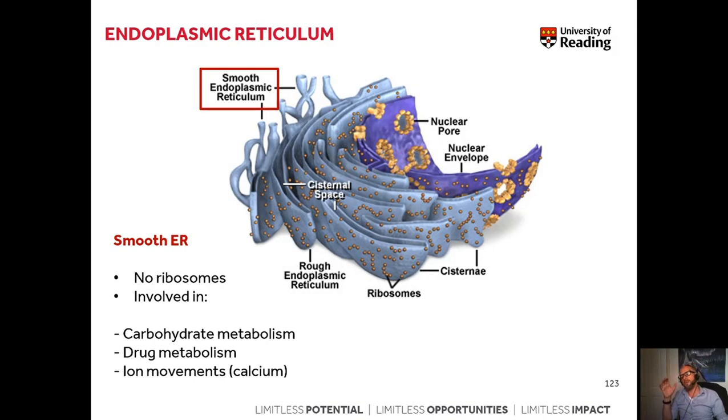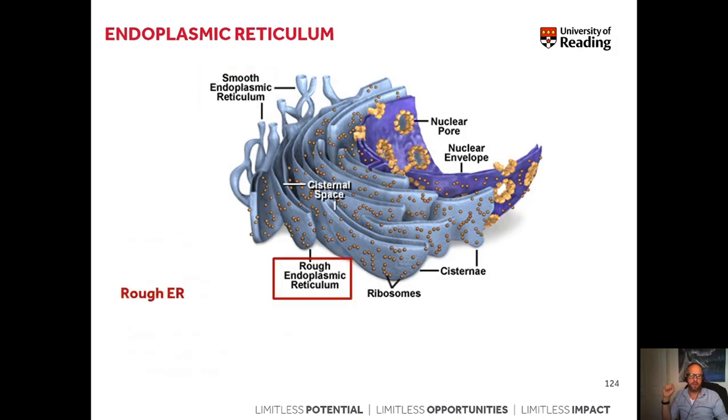They also play a role in ion movements, especially calcium. Many of our cells actually utilize calcium as a so-called second messenger, and we will learn about cell signaling later on as well. But for now, please keep in mind that the job of the smooth endoplasmic reticulum is carbohydrate metabolism, drug metabolism, and also ion movements.